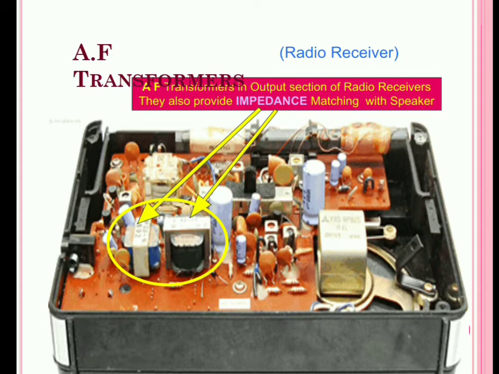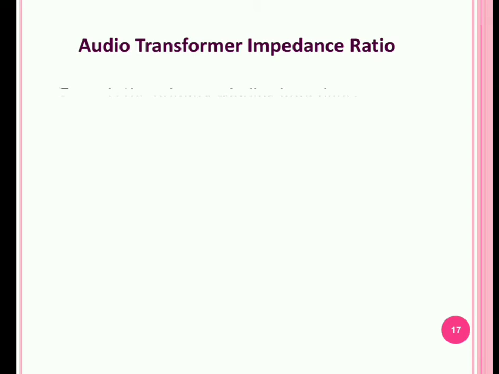The secondary of the output transformer is then used to couple the output from the amplifier to the impedance or the coil of the loudspeaker. Our load here is a loudspeaker, so that is meant for impedance matching, as also mentioned in the highlighted red box. Audio transformers are most of the time meant for impedance matching also.